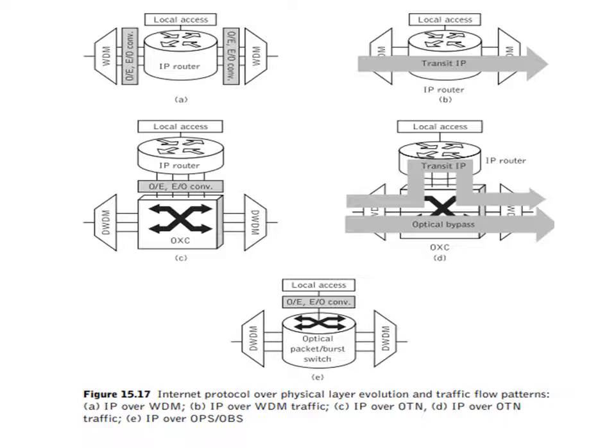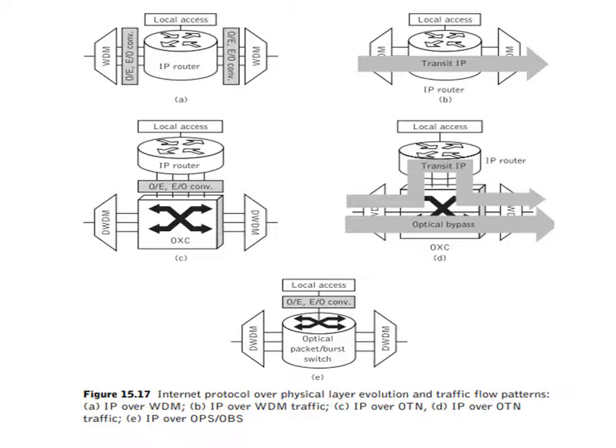So this is an advanced version of IP over optical switches where the packets are switched in the all optical domain without optical to electrical conversion, using either optical packet switches or optical burst switches, OBS. So this is the Internet Protocol over physical layer evolution and traffic flow patterns.